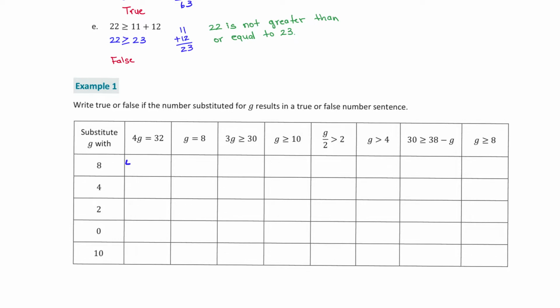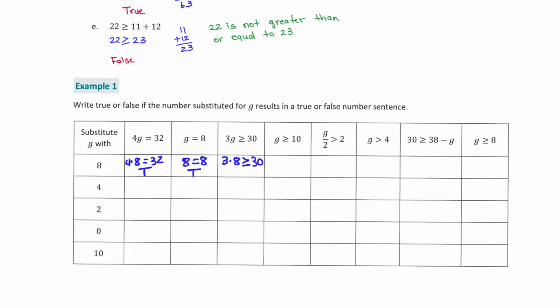Is 4 times 8 equal to 32? And the answer is true. Is 8 equal to 8? And the answer is true. Is 3 times 8 greater than or equal to 30?